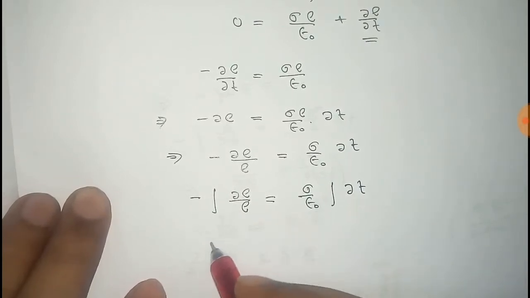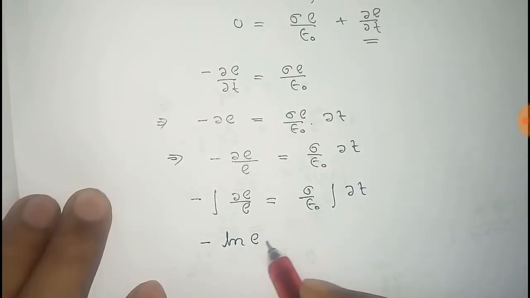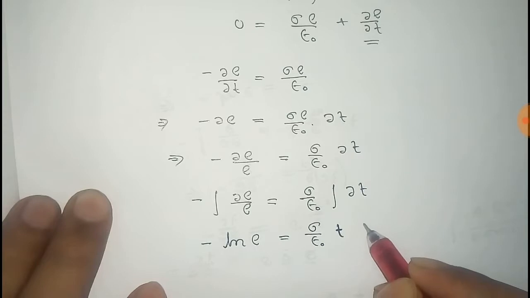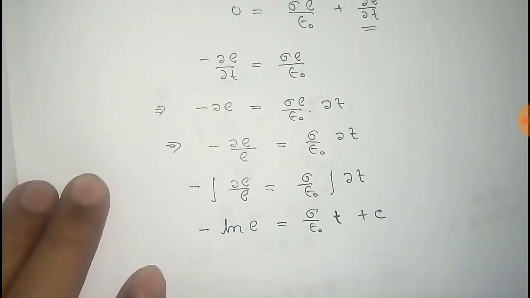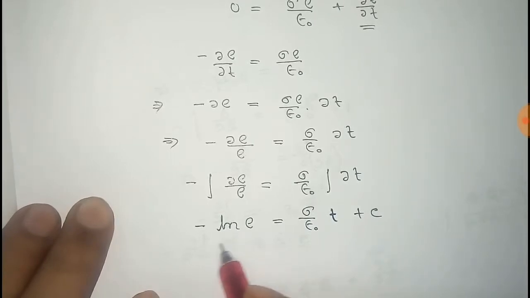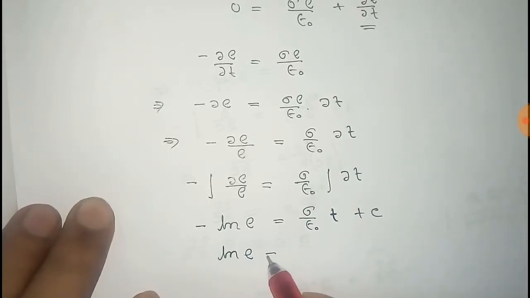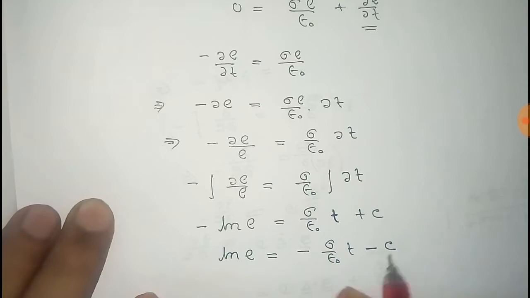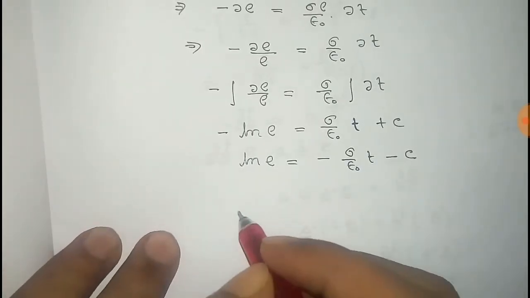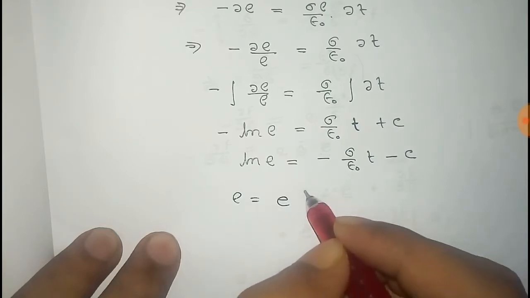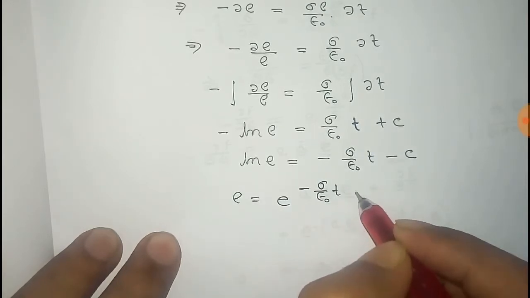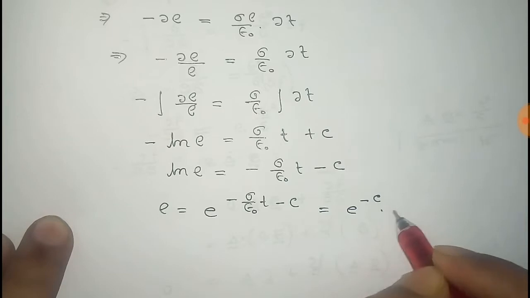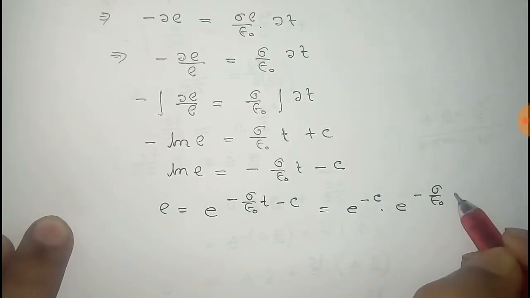After integrating, we get logarithm of rho equals minus sigma by epsilon naught into t plus a constant C. So from this, rho equals e to the power of minus sigma by epsilon naught t plus C. That equals e to the power C into e to the power of minus sigma by epsilon naught into t.